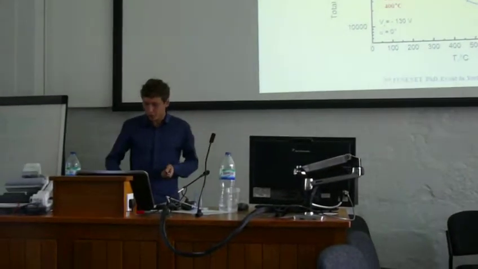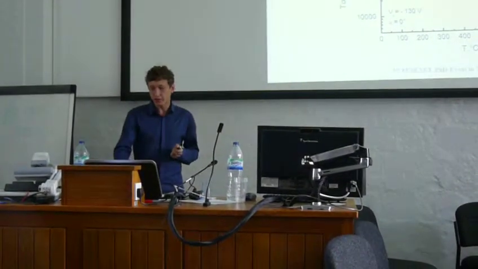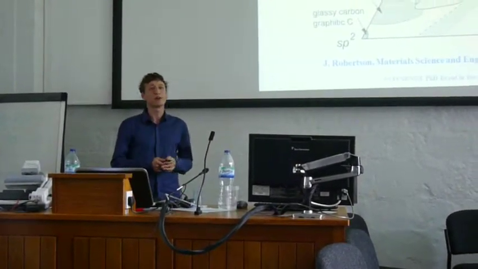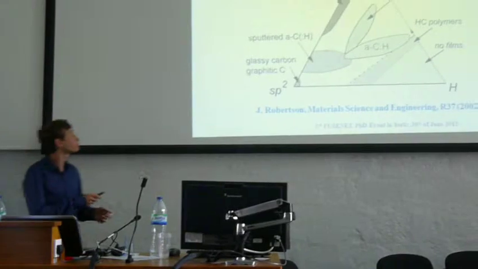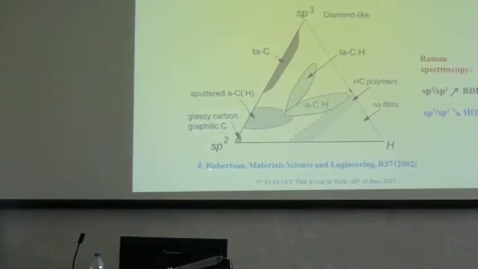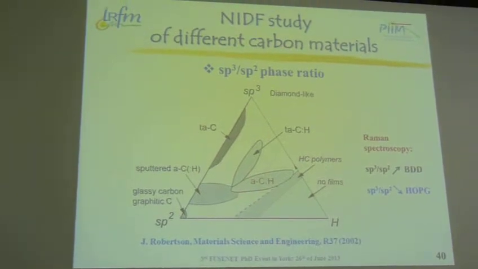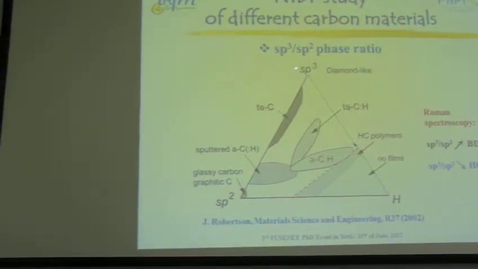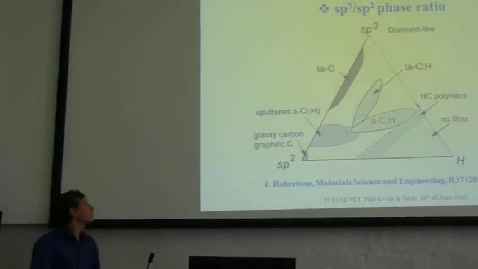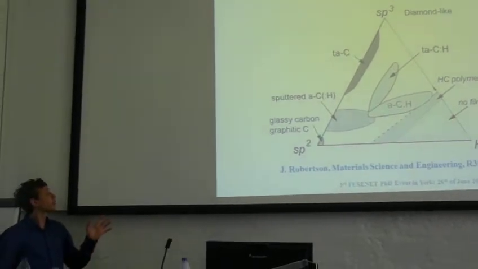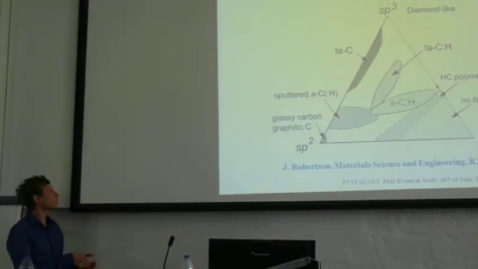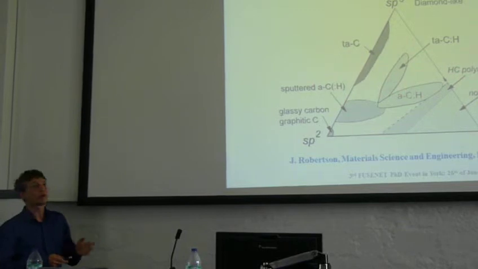It's kind of confusing. So, not that confusing if you regard this famous diamond triangle. Here you have the pure carbon material with pure sp2 phase. Here you have the diamond material, pure sp3, and the hydrogen. Basically, we take our HOPG sample, which is pure carbon, which is here, we put it in the plasma.